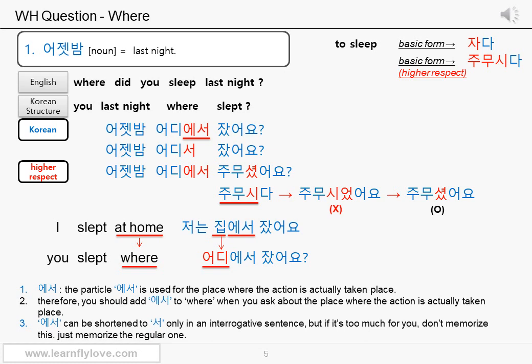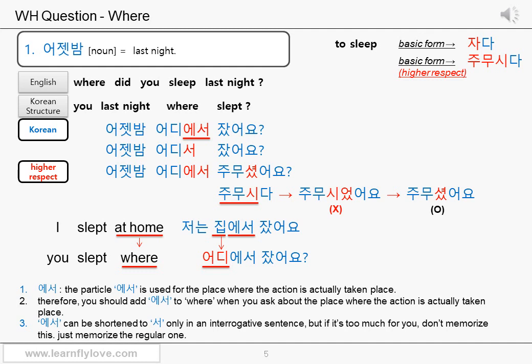And the last letter of this stem is 시, which is a neutral vowel. Therefore, we should add 어요 or 었어요 to add the honorific suffix 요 to it. The original sentence is in the past tense, so let's use 었어요. 주무시 plus 었어요.